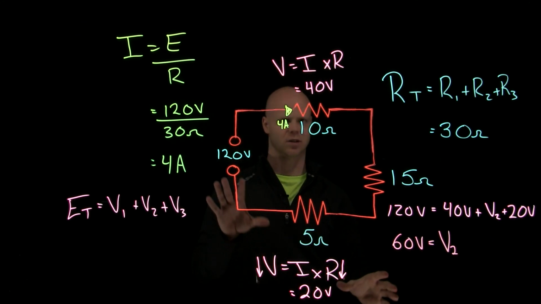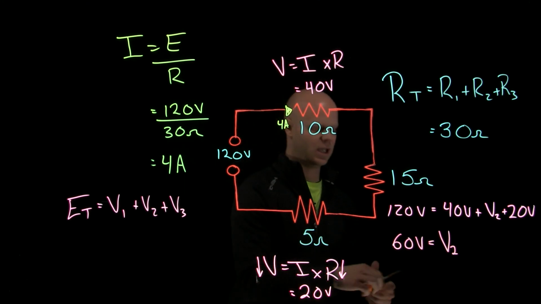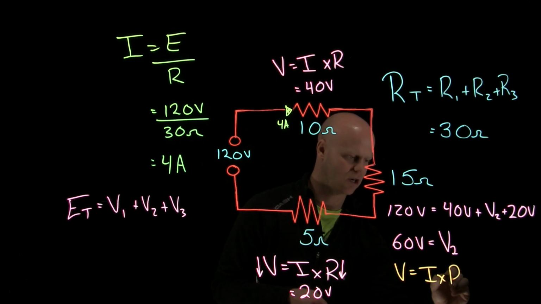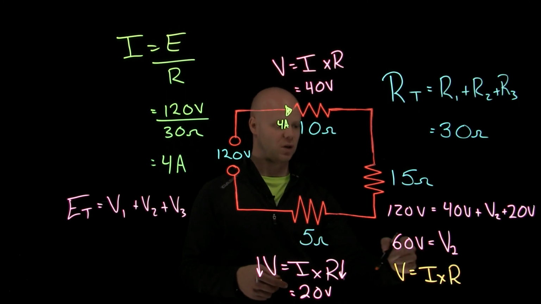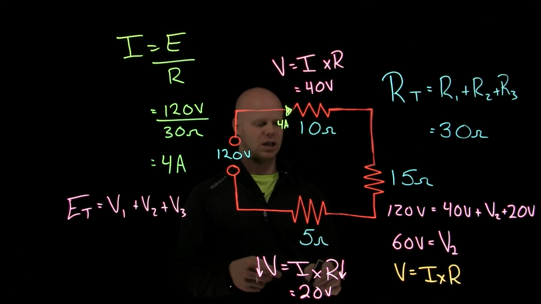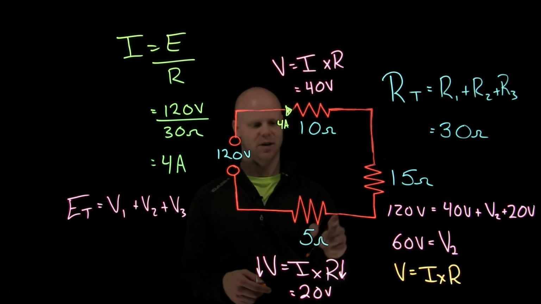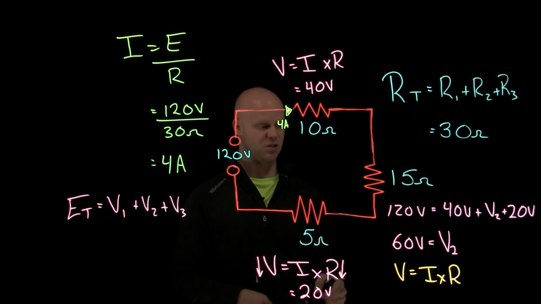Now let's do a double check. Did all of these relationships still hold true? Is the voltage drop here equal to the current and its opposition? It is. 4 times 15 will give me 60 volts. Is 60 volts 3 times higher than the voltage drop here? Because look at the relationship between the opposition.